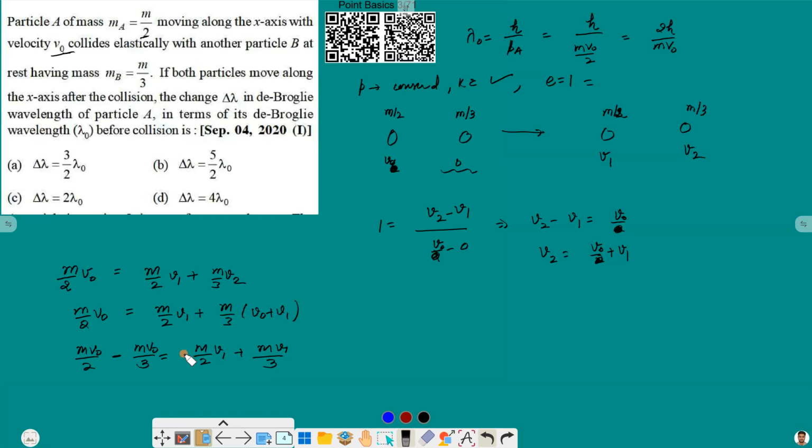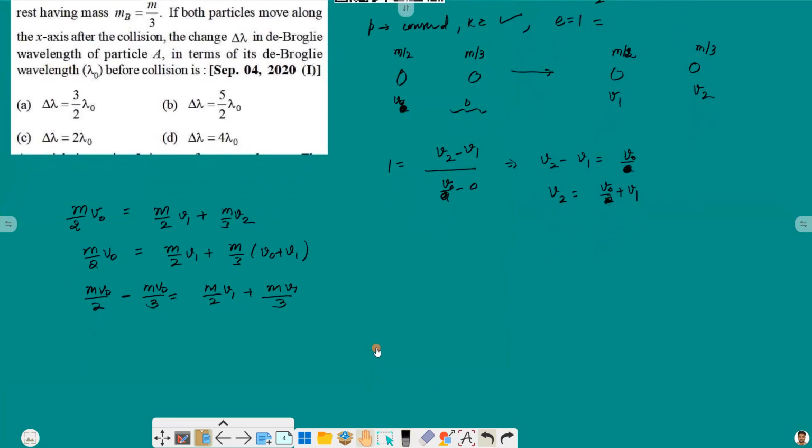So basically, if we take the LCM here and v naught as common, we will get 6, 3 m v naught minus 2 m v naught, so basically m v naught, and here we will get LCM as 6, 3 m v1 plus 2 m v1, that is 5 m v1. So 6 gets cancelled, m gets cancelled, and v1 is equal to v naught by 5. This is the value of v1.